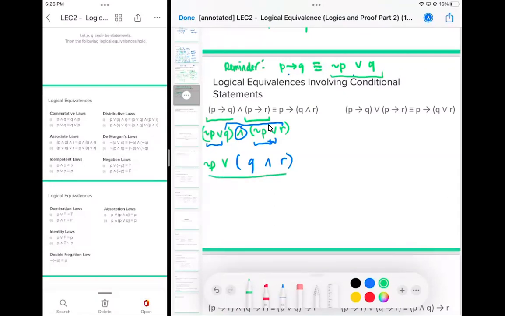Okay, so we have P implies Q and R. So you can treat Q to be equal to Q and R.